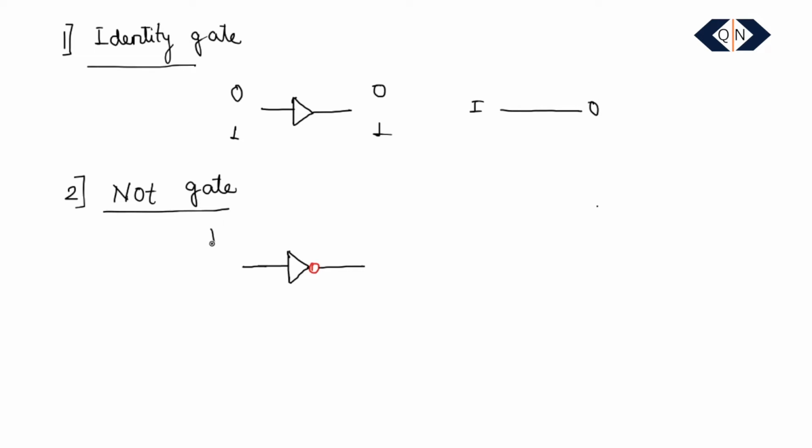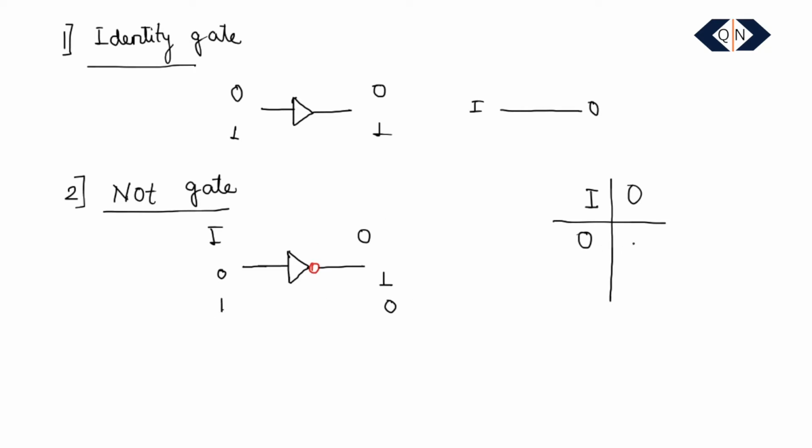Suppose this is input, this is output, and let me draw a truth table for you. We give input as 0, then we will get output as 1. It is flipping the bits, meaning if it is 0, then it is inverting it to 1, and if it is 1, then it is flipping it to 0.